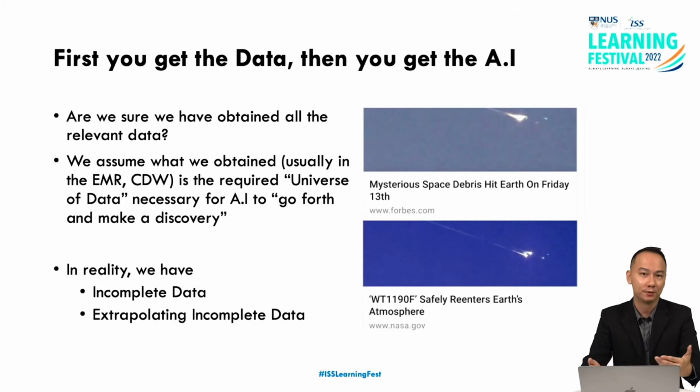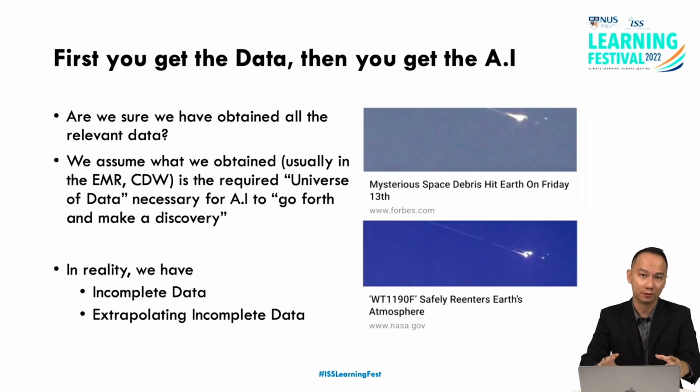So this is again something that's a little bit different between healthcare and other industries. You really can't wait for people to literally drop off and die, and then take the data and analyze it. But usually when we try to do AI in health tech, in healthcare in general, we assume that we have all the data inside our electronic medical records, clinical data warehouse, etc. But think of the dilemma.